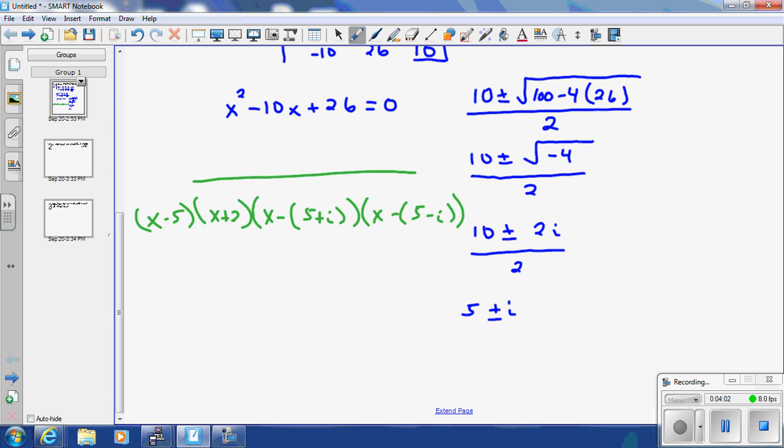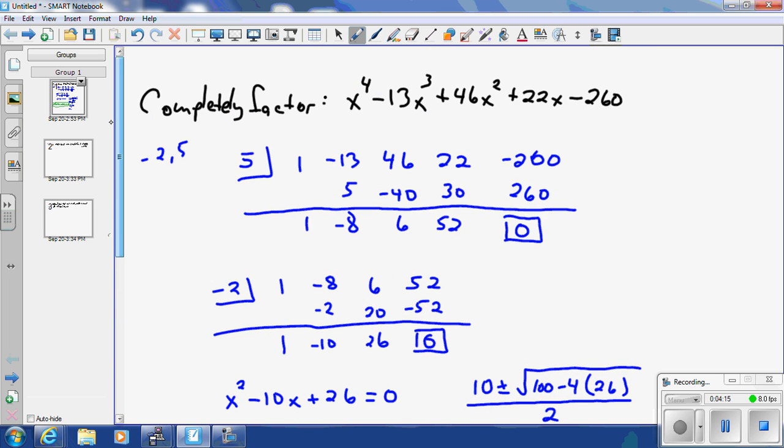That's a completely factored version of the original thing that we started out with. The one on the quiz won't be quite as nasty here with the complex numbers. It'll be a little bit simpler than that, but that is a way that we can completely factor a problem like that.